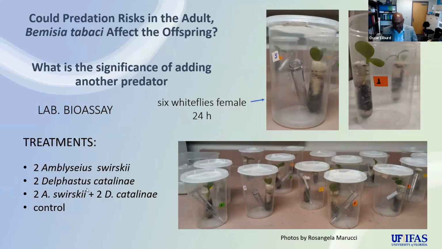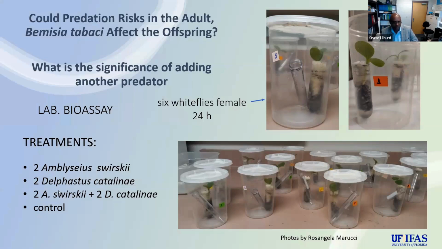To tell you a little bit about the Delphastus catalina, this is also a predator which is used to manage whitefly population. In fact, when we started our series of experiments, we did more work with Delphastus catalina, but there are some restrictions or limitations to using it, because once we moved to the field, we realized that, especially for Florida weather, it did not do very well in the field.